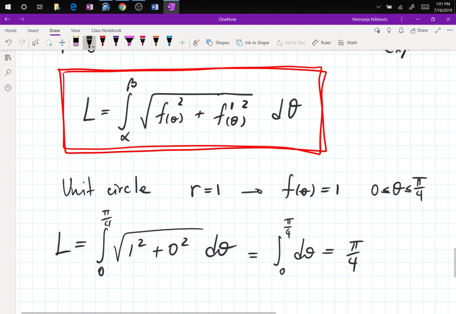Now, do you really want to work this problem out in terms of the function y equals f of x? Well, hell no, right? Because the circle is going to be given by y equals plus or minus the square root of 1 minus x squared.